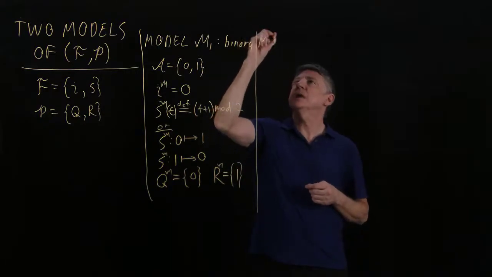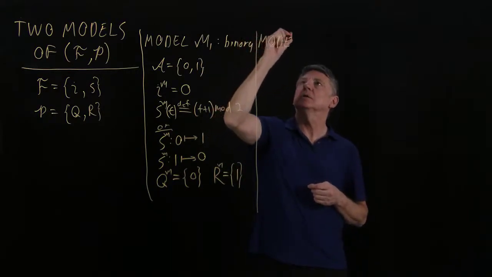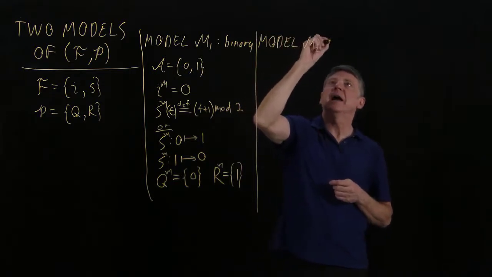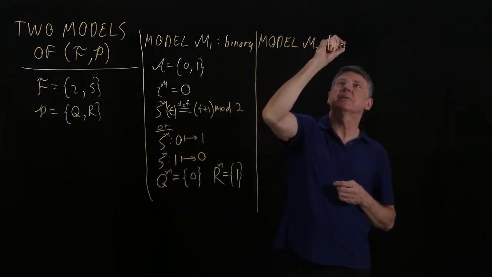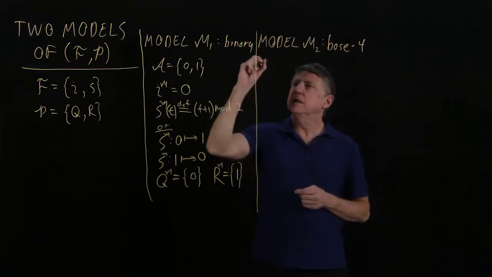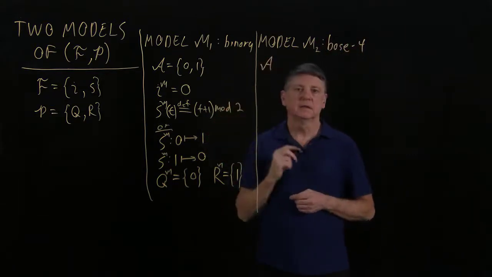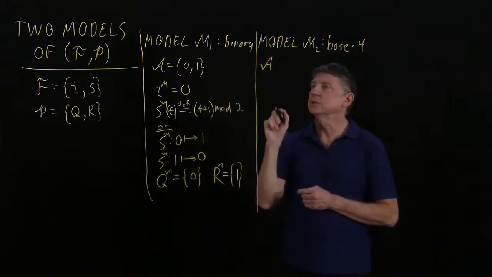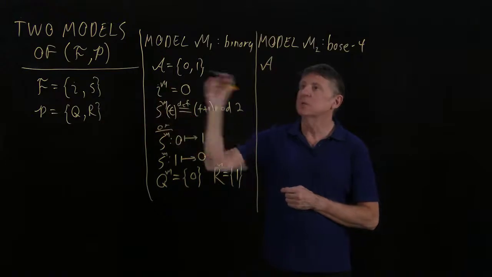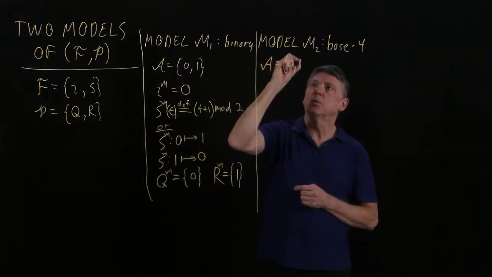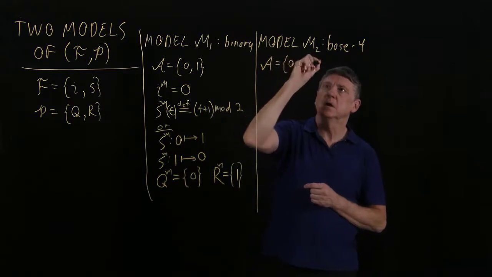Let's suppose that we have a second model, and we'll call that M2, and let's think of this as elementary base 4. If we're thinking that we're going to model base 4 arithmetic using these logical symbols, then our domain of discourse is now going to be 0, 1, 2, and 3.